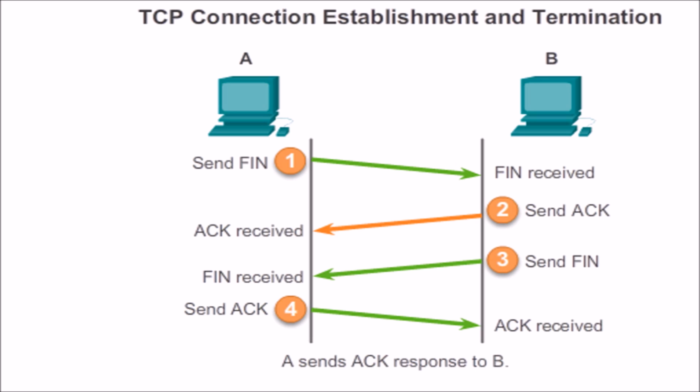When the client has no more data to send in the stream, it sends a segment with the FIN flag set. 2. The server sends an ACK to acknowledge the receipt of the FIN to terminate the session from the client to server. 3. The server sends a FIN to the client to terminate the server-to-client session. 4. The client responds with an ACK to acknowledge the FIN from the server.